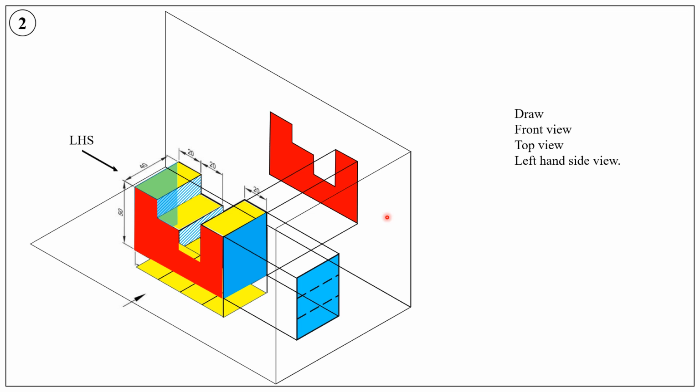The same concept, the same color is being used to differentiate the plane surfaces which are visible when you look from the front, top and the left hand side. The reason why we are putting dotted lines or discontinuous lines, once again you can refer the previous problem.